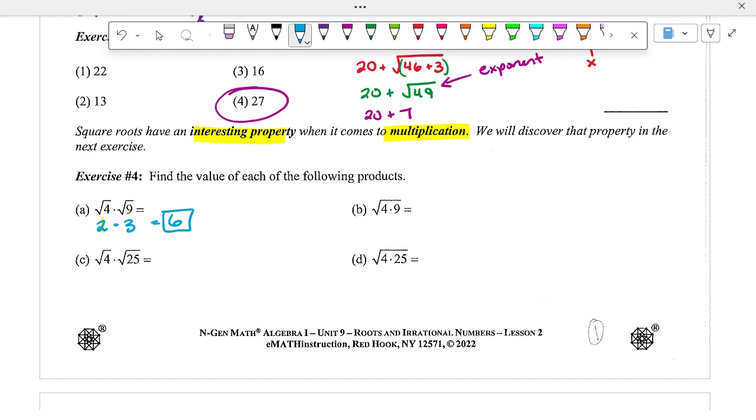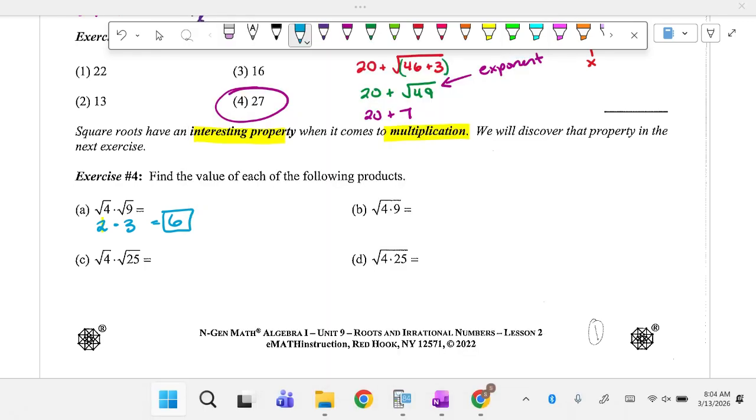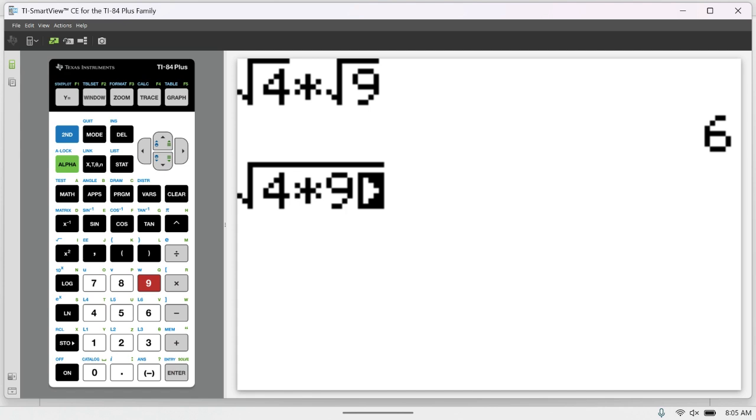Now, look at letter B. They did the square root of 4 times 9, but it's all under the same radical. So try putting that in your calculator. So in your calculator, you're going to put square root 4 times 9, and it's all under the same radical. So now it looks like this. What do you get? 6.